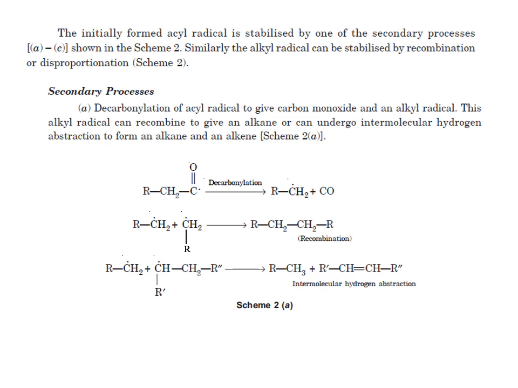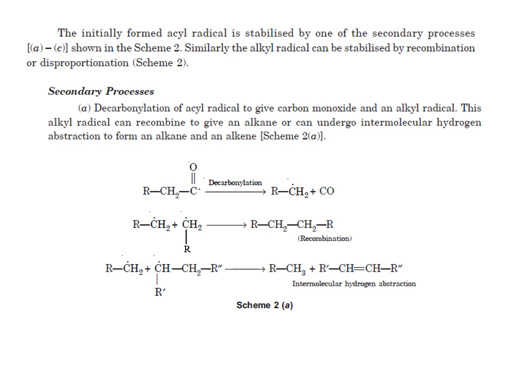Now, we are mentioning A to C, the stabilization processes of the acyl radical in the secondary process. The first one is the decarbonylation of the acyl radical to give carbon monoxide and an alkyl radical. This alkyl radical can recombine to give an alkane, or can undergo intermolecular hydrogen abstraction to form an alkane and an alkene.